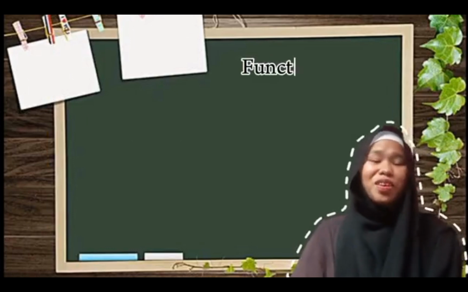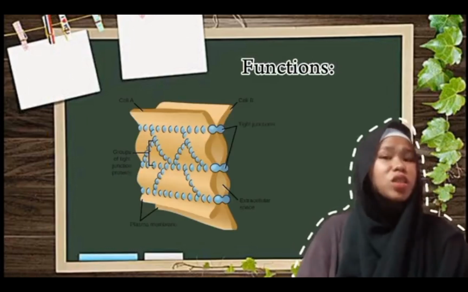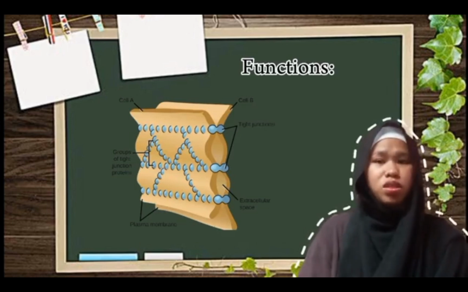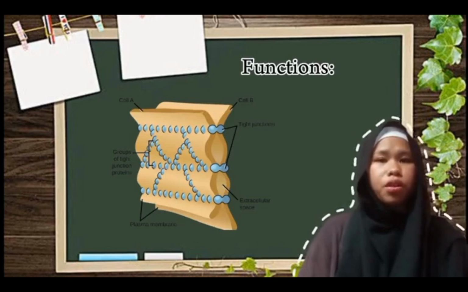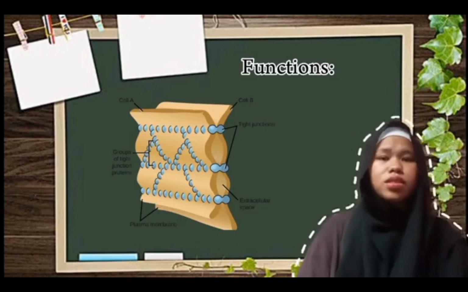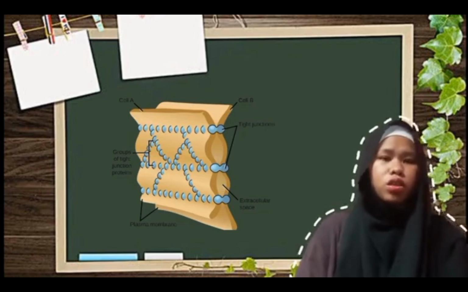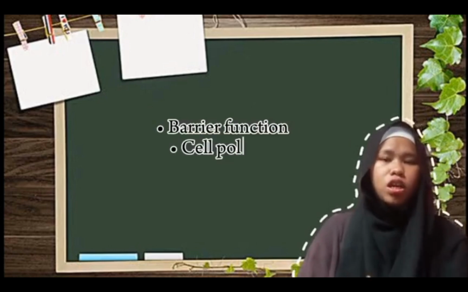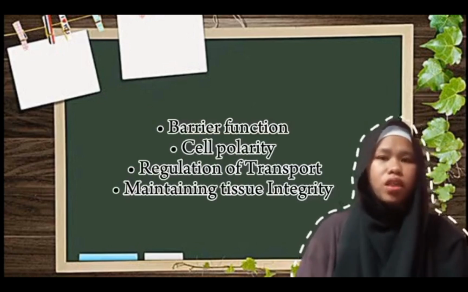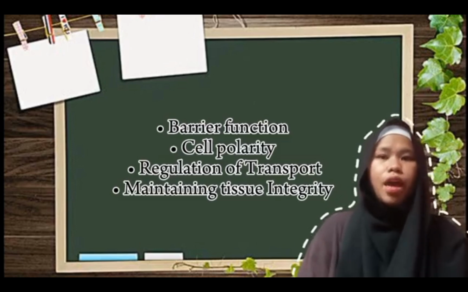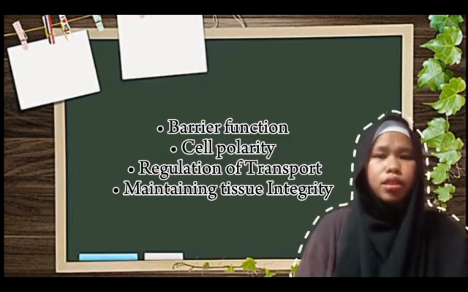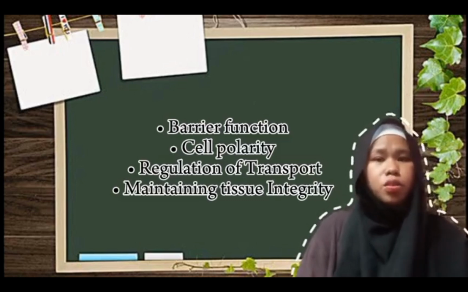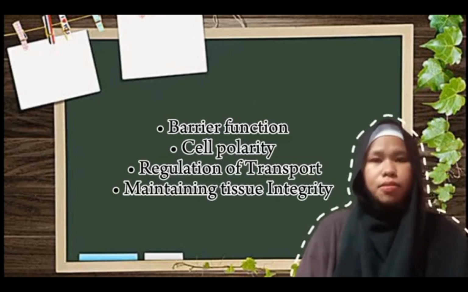Okay, next we're going to talk about its function. So tight junctions are essential structures in epithelial and endothelial cells, acting as a barrier that controls the passage of molecules between cells. Their main functions include barrier function. Tight junctions prevent the leakage of fluids and molecules between cells, creating a barrier that regulates the paracellular transport of substances.